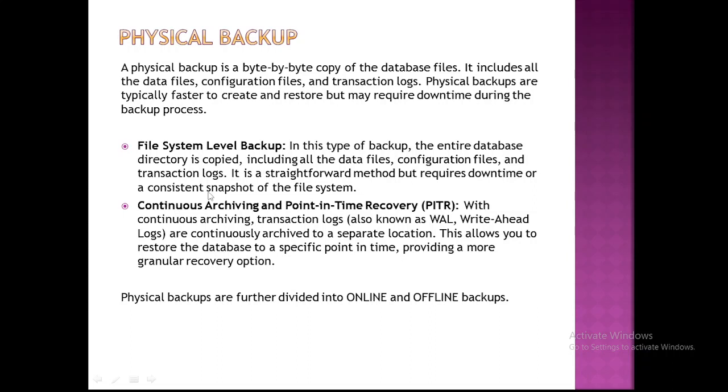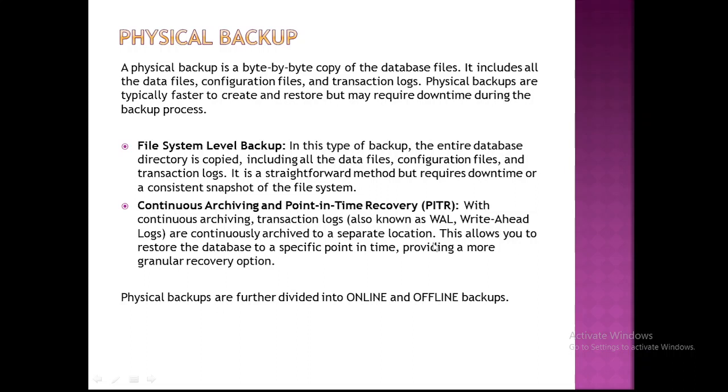And what is continuous archiving and point in time recovery? With continuous archiving, the transaction logs, which in the case of Postgres are called WAL or write ahead logs, are continuously archived to a separate location. These logs are archived to a particular location, which allows you to restore the database to a specific point in time.